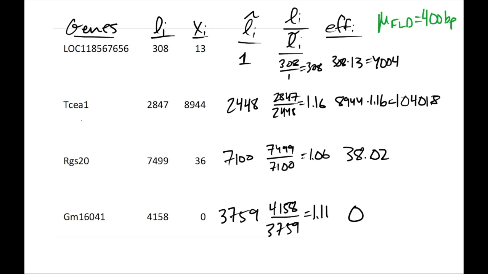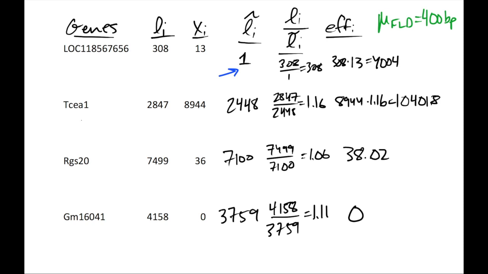We should also note, very importantly, that the effective length is 1 whenever the mean fragment length is greater than the length of the gene. Or even if this were, for example, 401, then you would still get an effective length of 1. Well, at 401, you would get an effective length of 2. At 400, you would get an effective length of 1. My apologies.